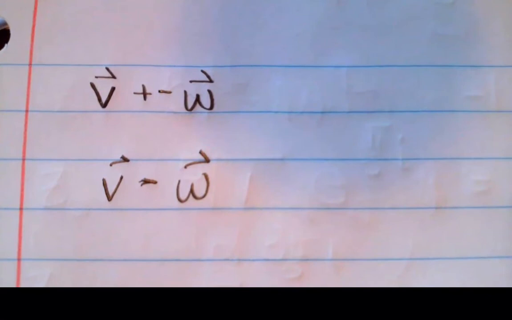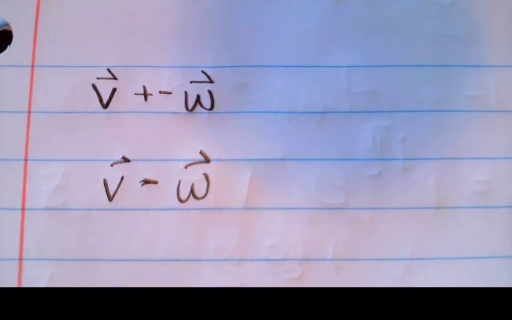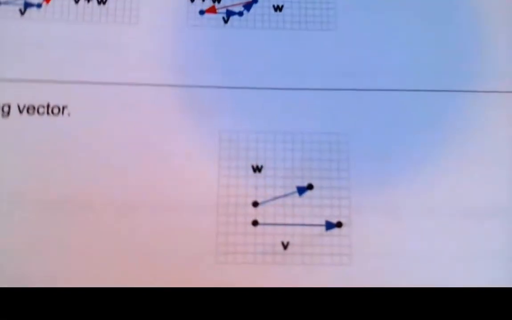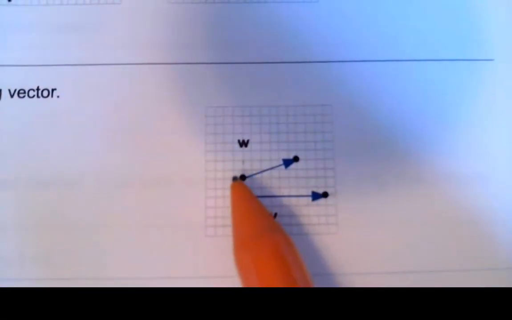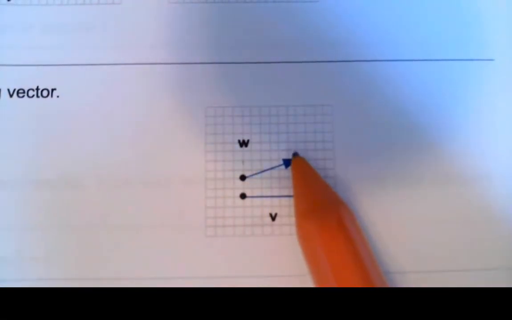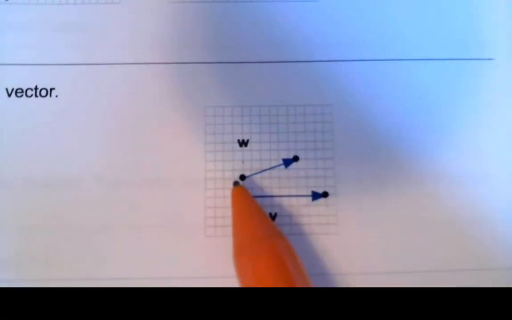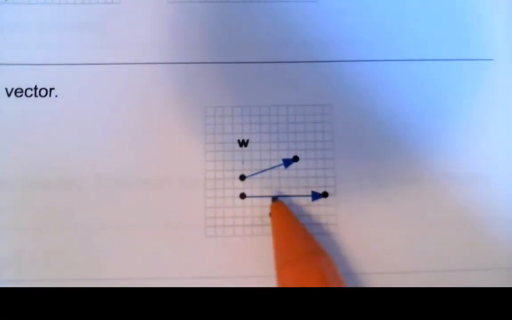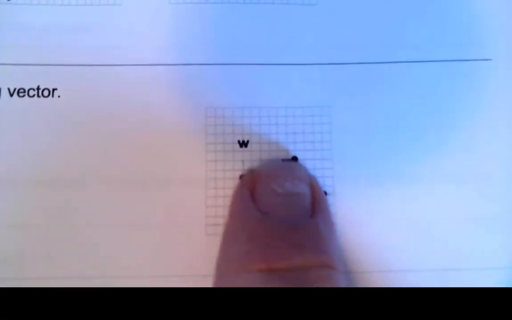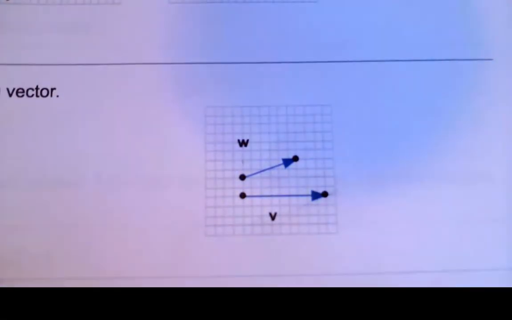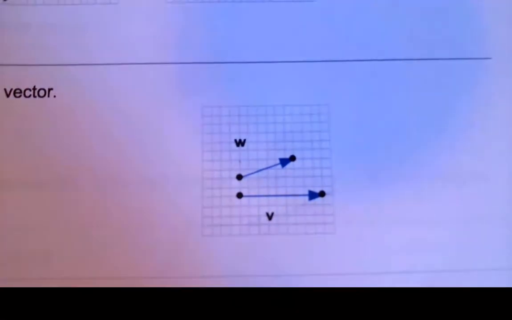So what we're going to do is flip-flop w. In other words, instead of w, looking here, instead of him moving right and then up, he's going to go left and then down. So we're going to flip him. So this, if that little arrow wasn't there, it would look the exact same, but the arrow is going to be on the other side.